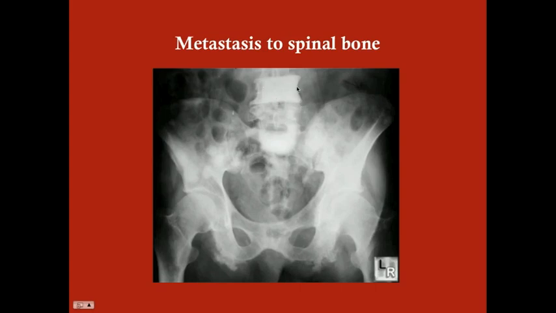This is called an ivory vertebra. You also see metastasis to the pelvis. These are just little circular metastases. The rest of it is just bowel gas. So this isn't lysis. These are blastic metastases, not lytic metastases. So you see denser bone.